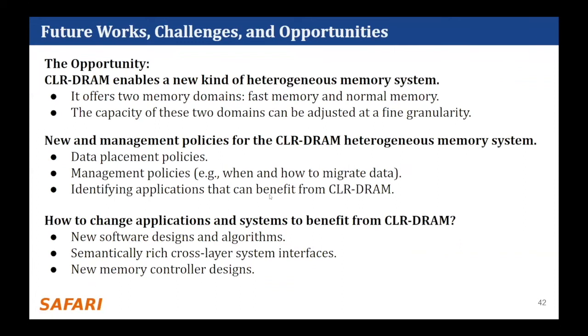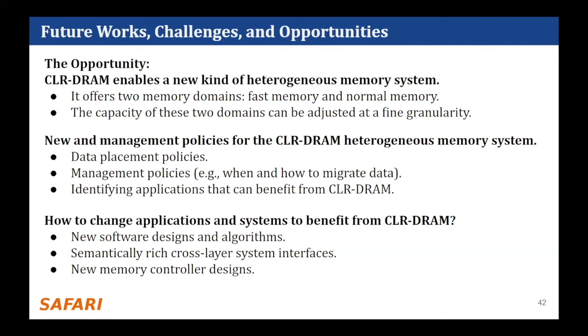Now, I will talk about some future works, challenges, and opportunities raised by CLR-DRAM. First of all, CLR-DRAM enables a new kind of heterogeneous memory system. Such a heterogeneous memory system offers two memory domains.